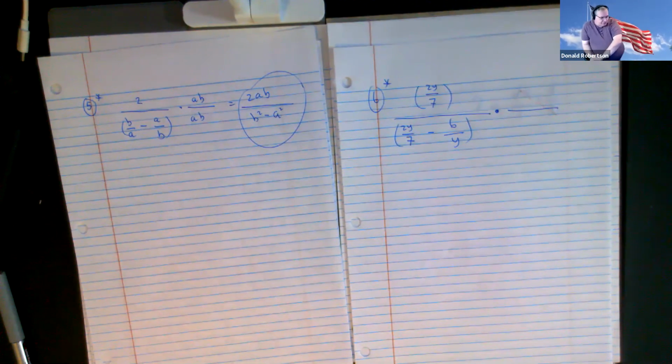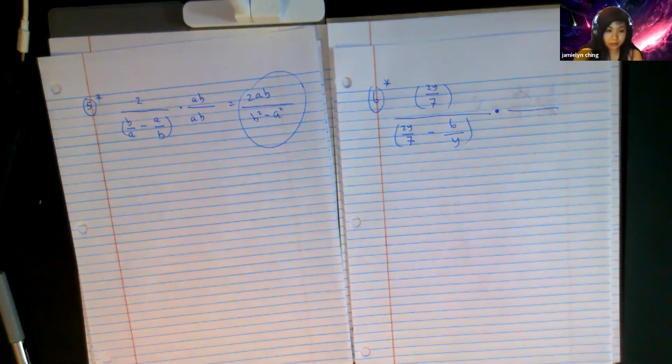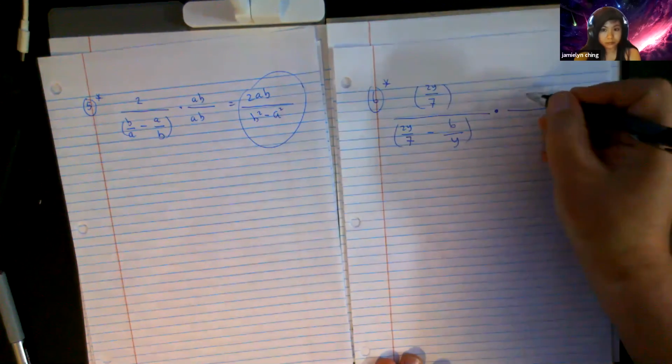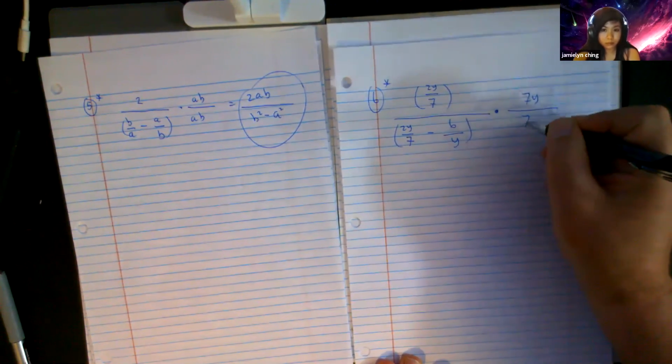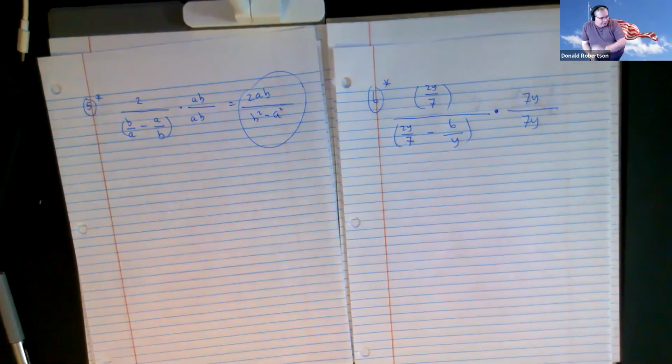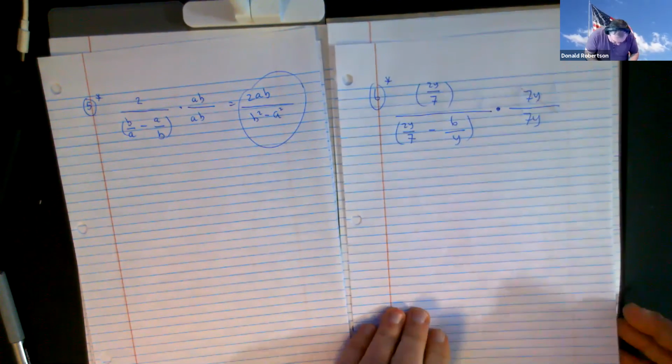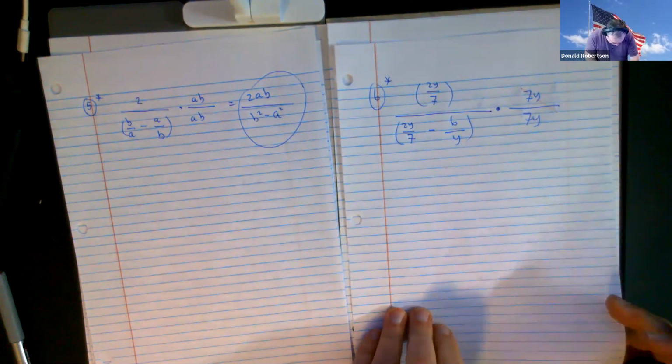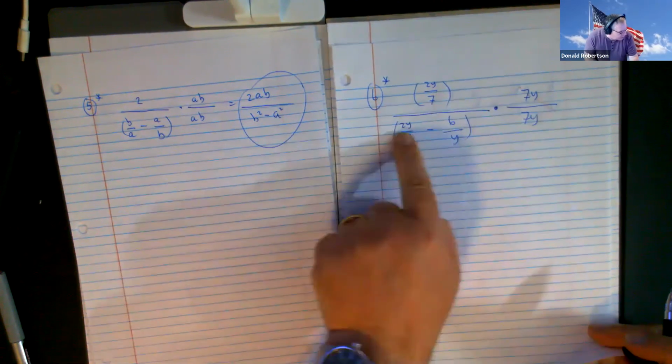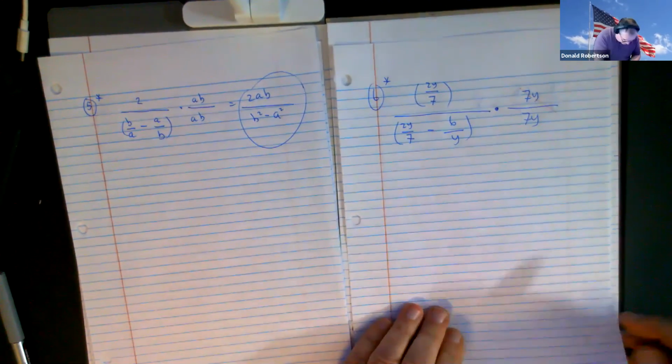What special version of 1 is going to take care of this? 7y. Do you agree, 7y? So what we need to be careful about is what you get when you multiply them out, and that will be the answer when we're finished.